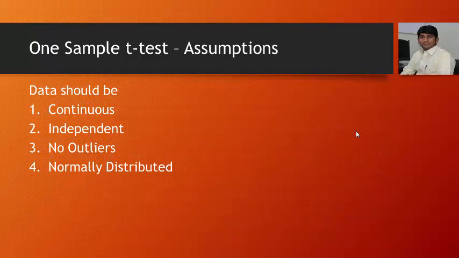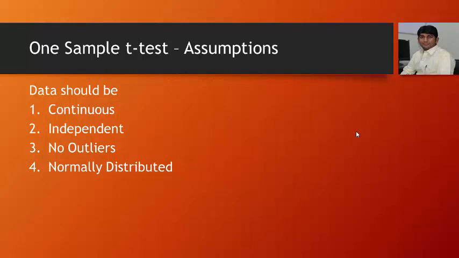There are 4 assumptions before you carry out one sample t-test on any data. Number 1, your data should be continuous, meaning the data should be in decimals or fractions. Number 2, the data should be independent, meaning there must not be any sort of interdependence among the observations or values.